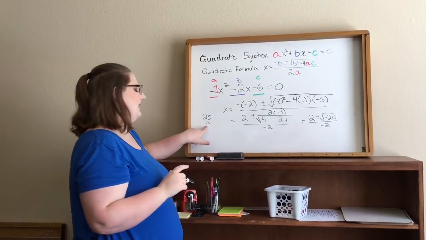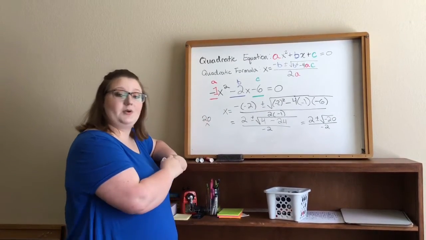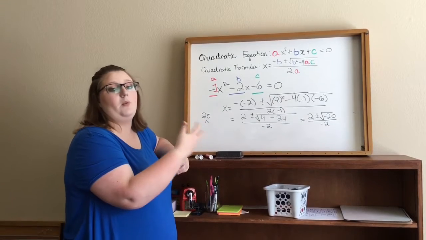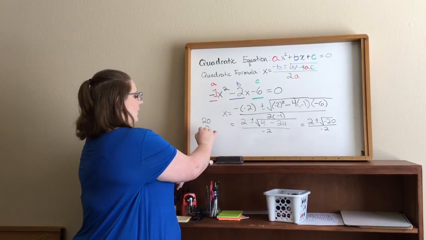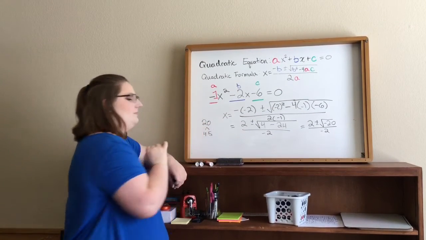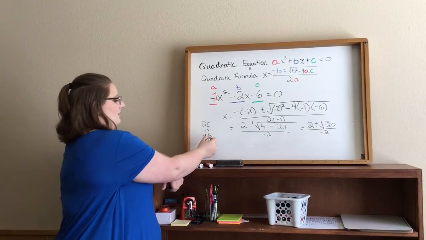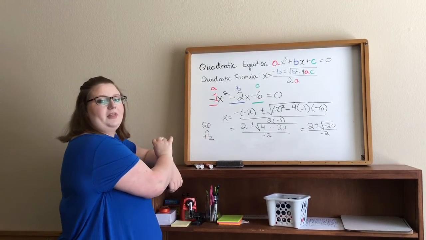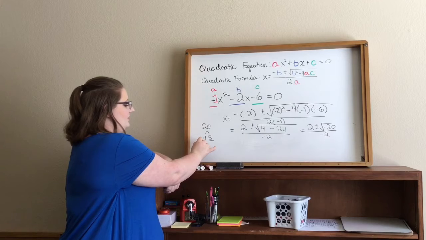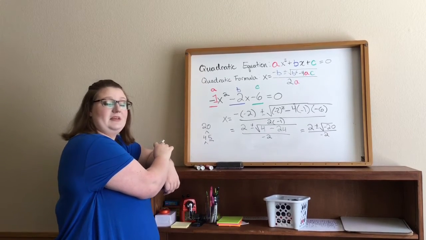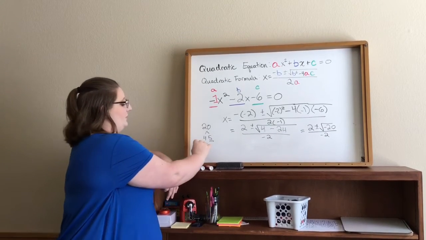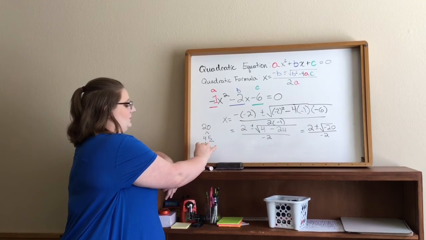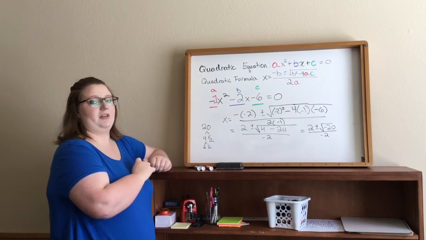Over here to the side, we're going to do our factor tree with 20 to figure out what multiplies to equal 20. So 4 and 5 multiply to equal 20. 5 is prime, so we stop with the 5, but 4 is not. Two numbers that multiply to equal 4 are 2 and 2. 2 and 2 are both prime, so we stop with those.